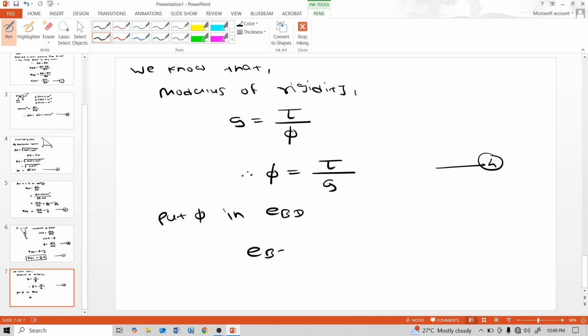Therefore EBD is equal to tau by G into 1 by 2. That means tau by 2G. This is equation D.